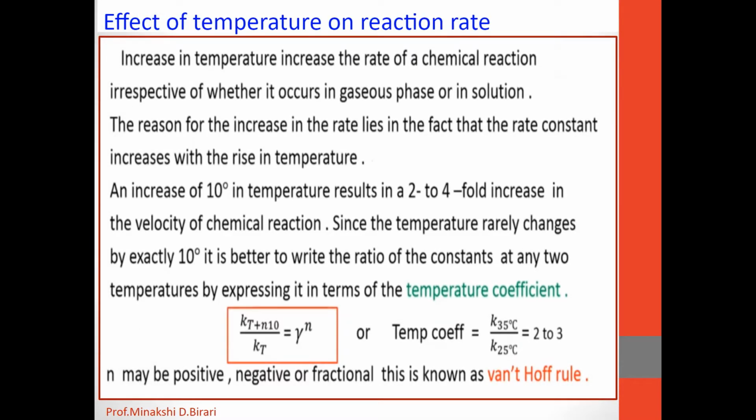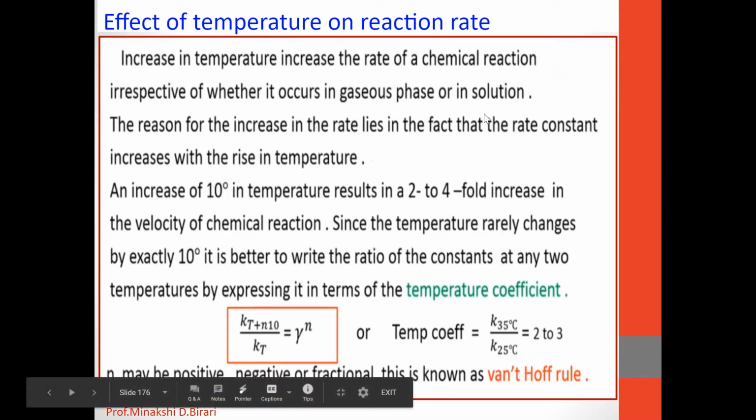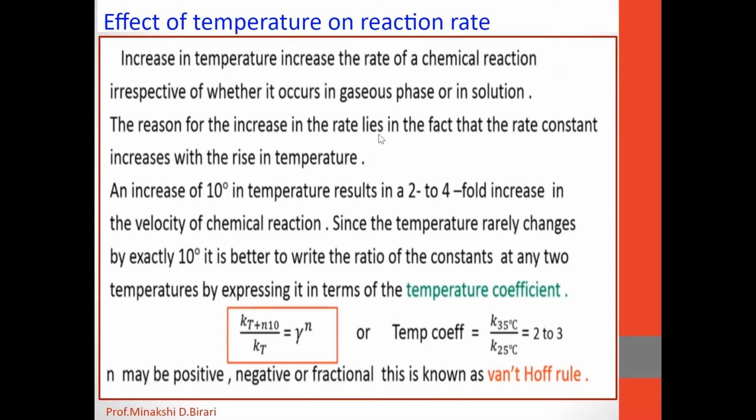The increase in temperature increases the rate of a chemical reaction irrespective of whether it occurs in gaseous phase or in solution. The reason for the increase in the rate lies in the fact that the rate constant increases with increase in temperature. So it is observed that an increase of 10 degrees Celsius in temperature results in a 2 to 4 fold increase in the velocity of a chemical reaction.